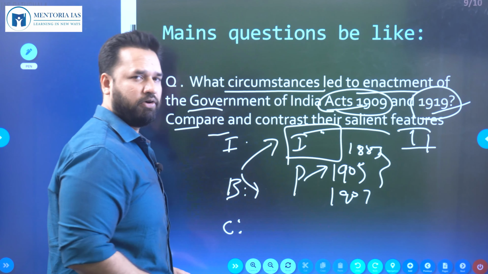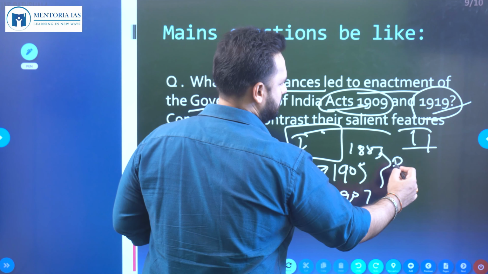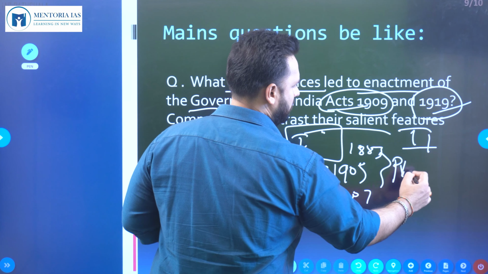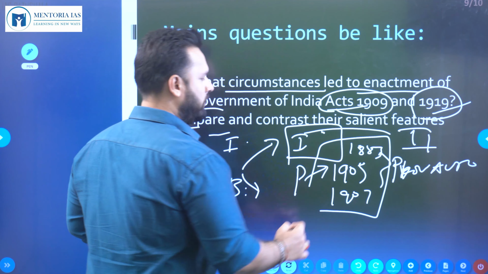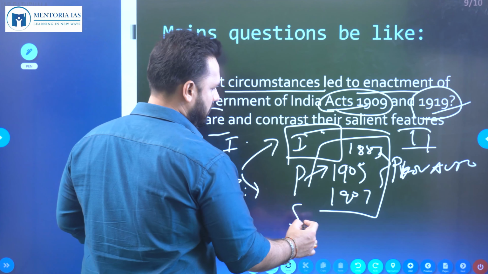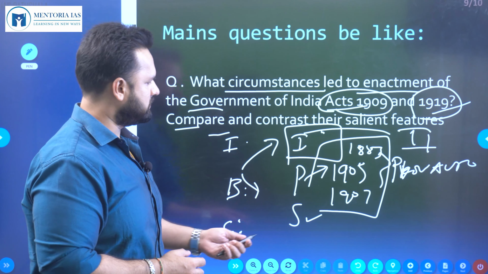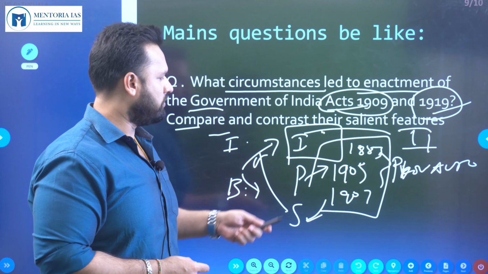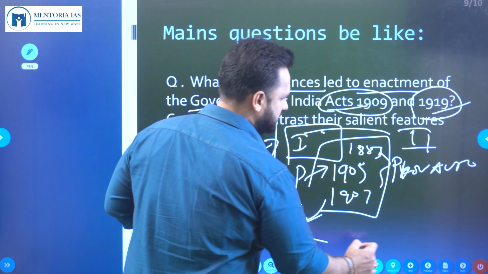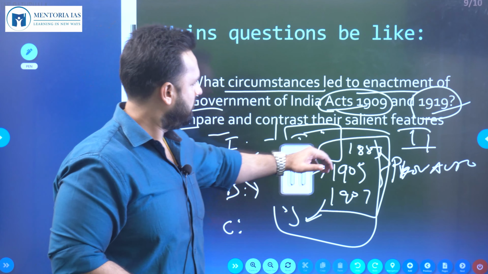All these were asking for a representative government, provincial autonomy or else. And these are the political circumstances. Socially, what is there? People became aware. There was pride in Indian culture. They wanted to have their own freedom. So these are the circumstances. This is the first part.